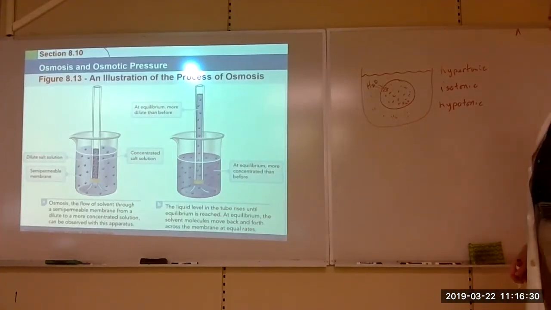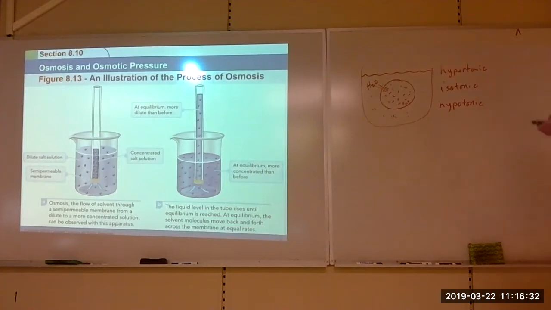How do we measure that? Well, to measure it, we need to be able to put the membrane, in this case, on a tube, and the concentrated solution is inside the tube, and the less concentrated is outside. So the water is going to move through that membrane in here, and gradually dilute that solution in there and increase its volume.